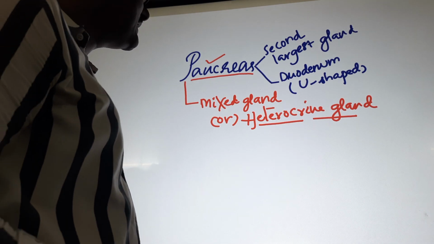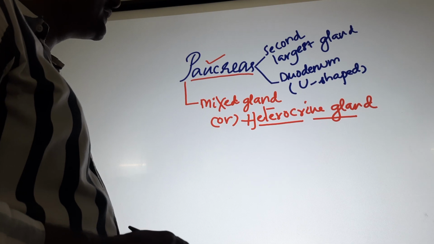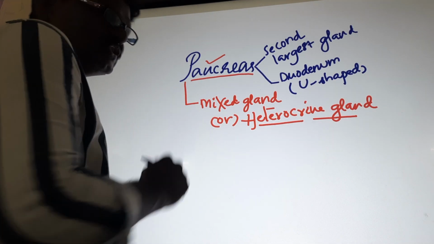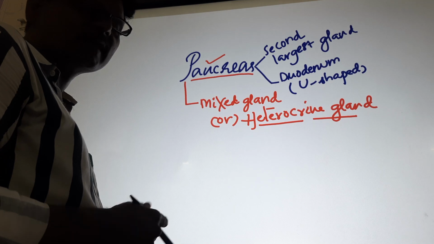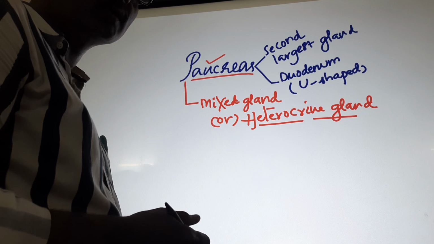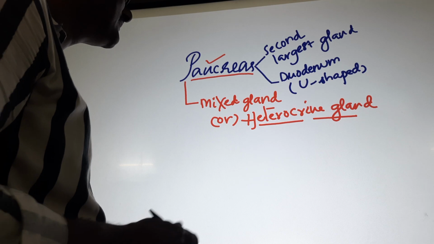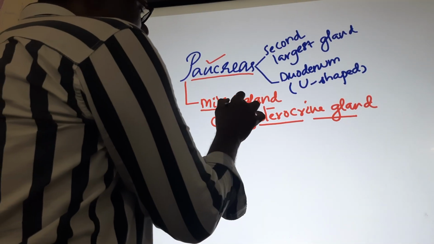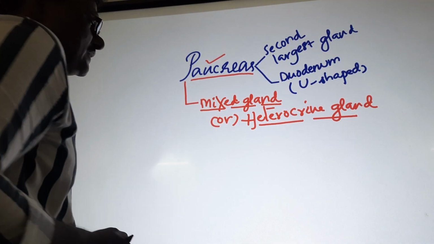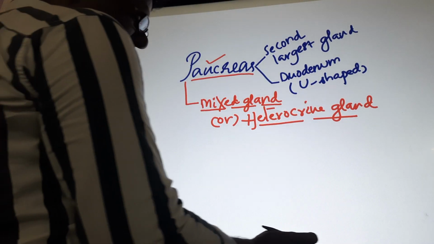Pancreas is a vital gland, particularly involved in the process of digestion and also the regulation of sugar levels by secreting glucagon, insulin like hormones. Let's discuss regarding that function, particularly how does it act as mixed gland or heterocrine gland.